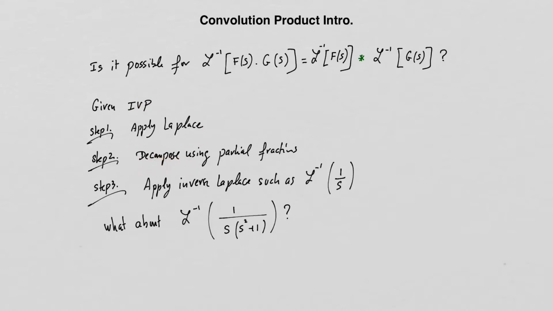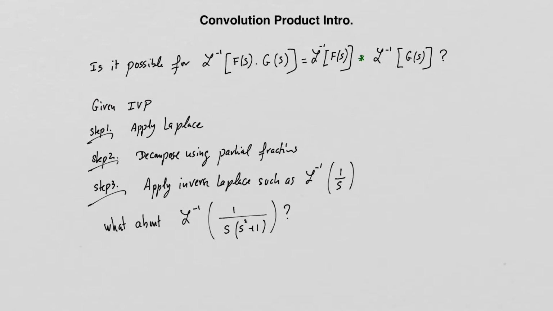We split the algebra, because it turned out to be an algebraic equation in terms of s, using partial fractions almost all the time. And then we worked backwards by applying inverse Laplace. It's a one-to-one function, so it's okay to apply inverse Laplace of some function of s, like this one. You remember this one gave us 1, right? And that gave me the solution to my initial value problem.